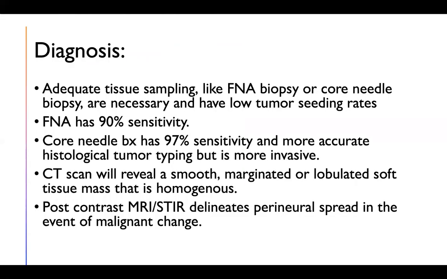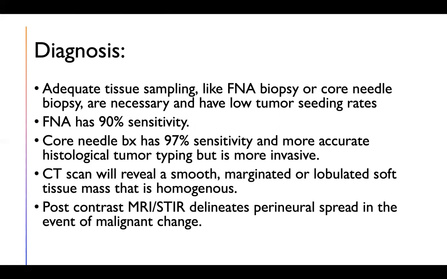To diagnose, just like this patient, she had a fine needle aspirate biopsy, or you could do a core needle biopsy. They have low tumor seeding rates. FNA has 90% sensitivity. Core needle biopsy has 97% sensitivity and is more accurate, but it's a little bit more invasive.